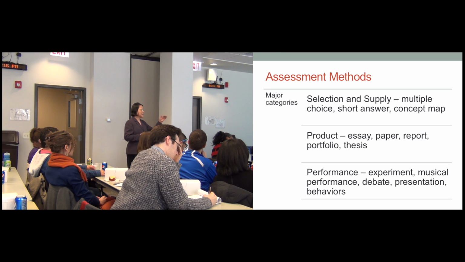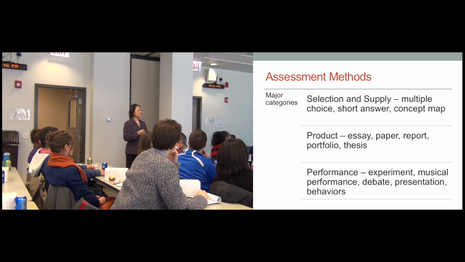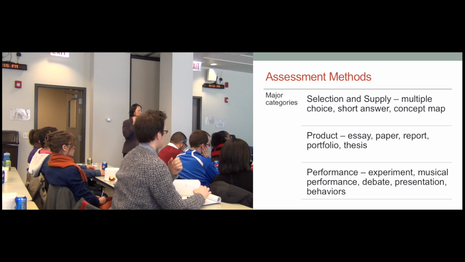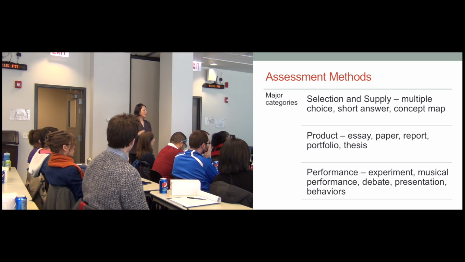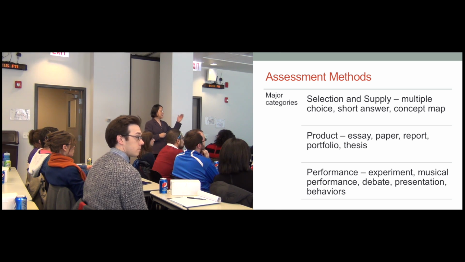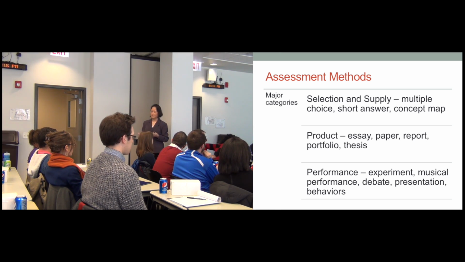Just think about this performance-based category: in order to assess and quantify students' performance, we need to do it through observation, right? And for the second category, product-based, students produce a product, and then we evaluate the product.